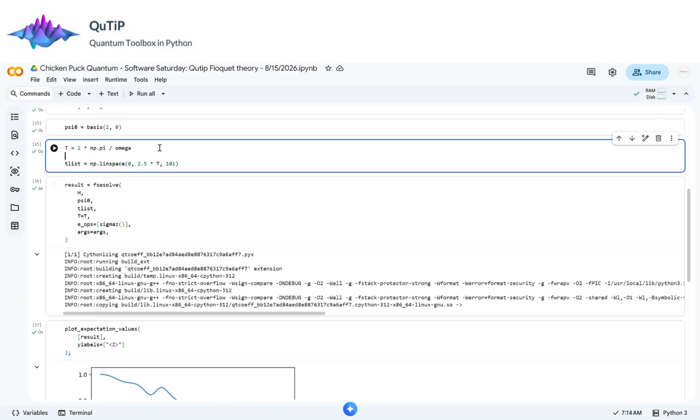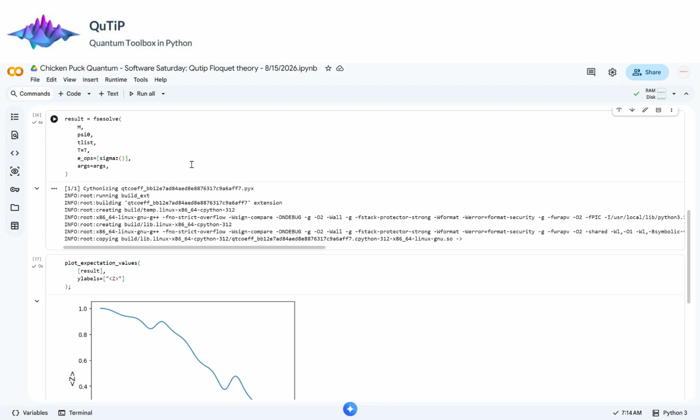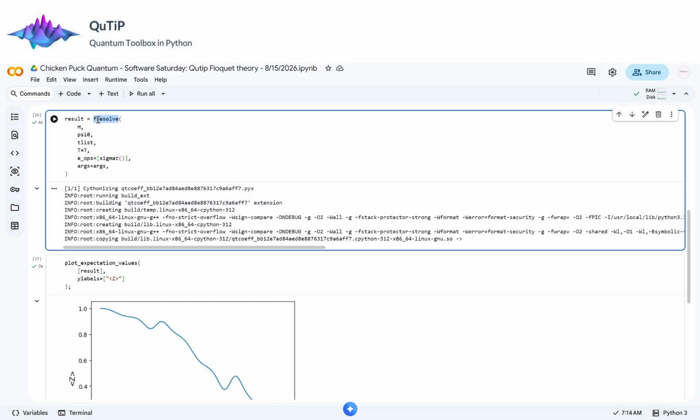So here what's happening is we're creating a time list, which we want QuTiP to evaluate, right? What I'm doing here is simulating from 0 to 2.5 periods using 101 time points. So we're basically watching the system through multiple cycles of the periodic drive. Now the last step is to run fesolve, which as I stated earlier is the Floquet Schrodinger equation solver.